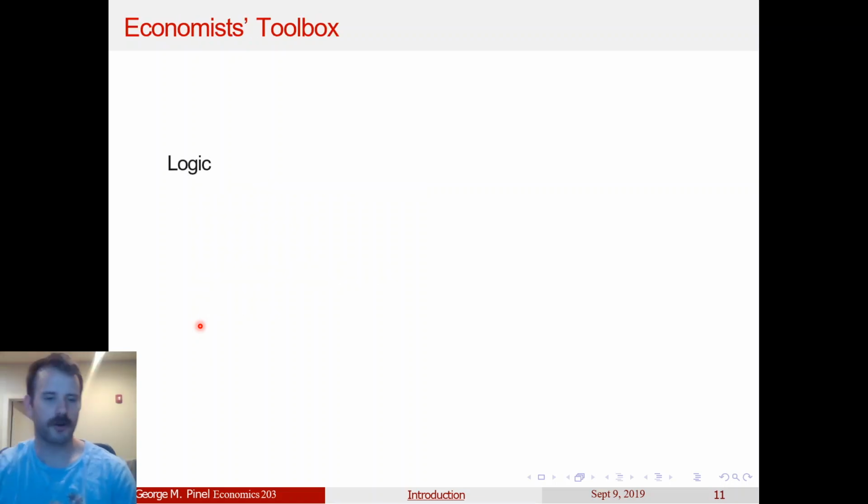Okay, so first and foremost, we have logic. Particularly with those earlier political economists, we talked about how they'll use formal reasoning to approach a problem.